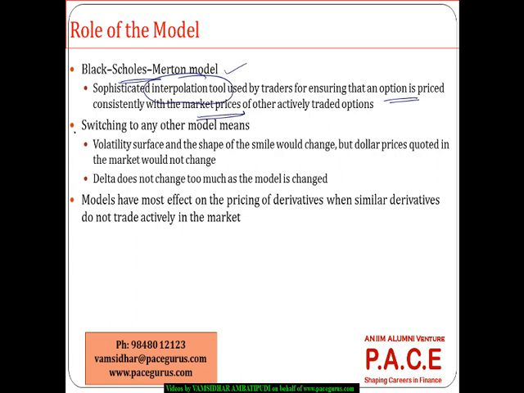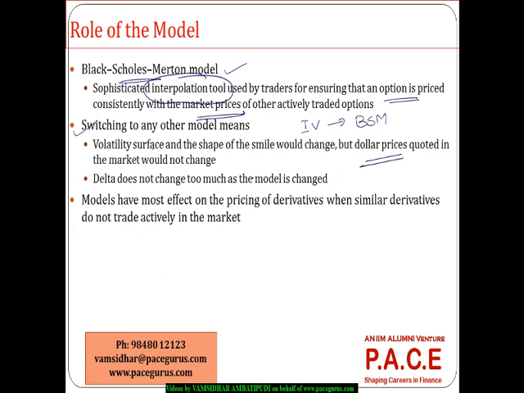Which means if I switch to any other model, I am sure that the volatility surface and volatility shape, everything would change, because at the end I am computing the implied volatility using the Black-Scholes model itself. But the market prices do not change. Delta does not change.